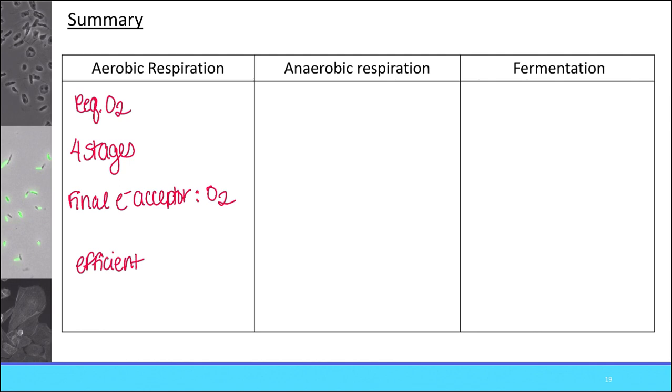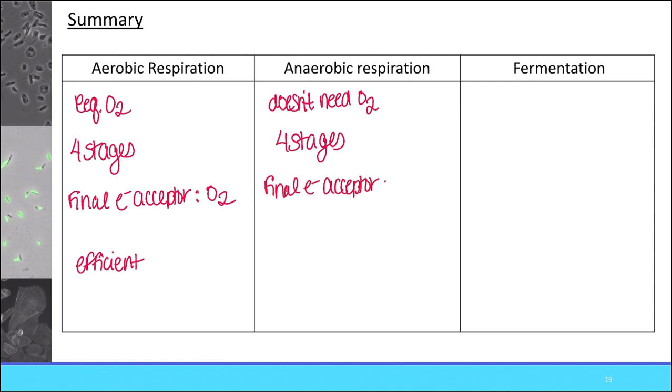For anaerobic respiration, this doesn't need oxygen. It has the same 4 stages as aerobic respiration: glycolysis, formation of acetyl-CoA, citric acid cycle, electron transport chain, and chemiosmosis. The main difference is the final electron acceptor.